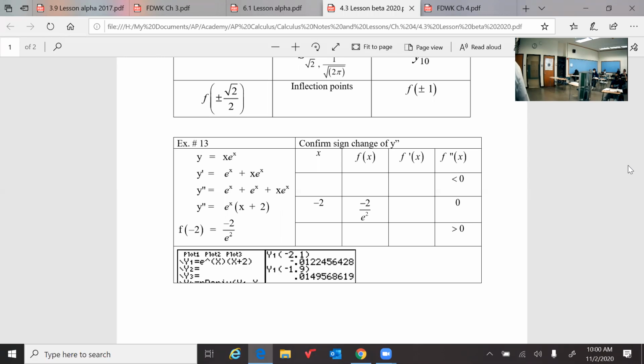So I went to this in y1, and I typed the second derivative, and I went to the left of -2, and typed in -2.1. I went to the right of it, and typed -1.9. So the graph was concave down, came to a point of inflection, and began to go concave up.